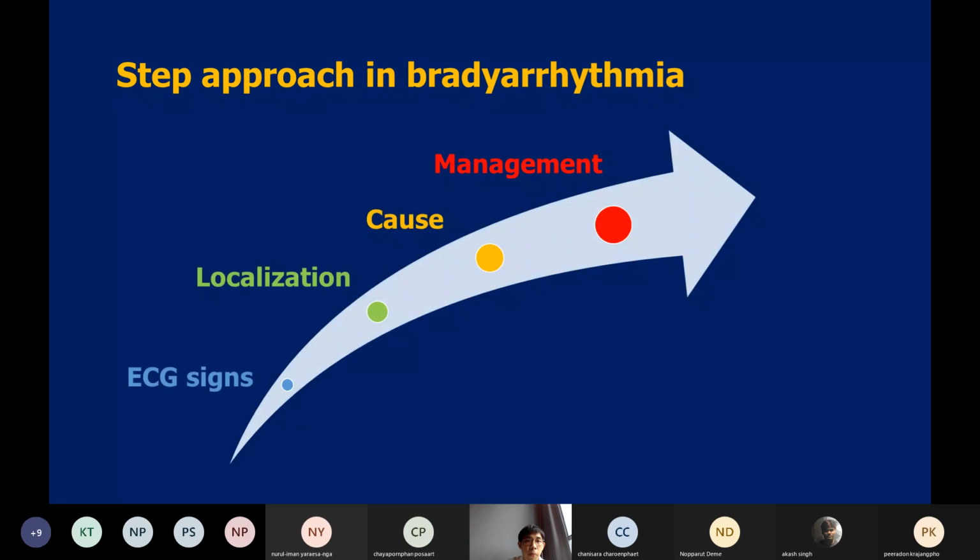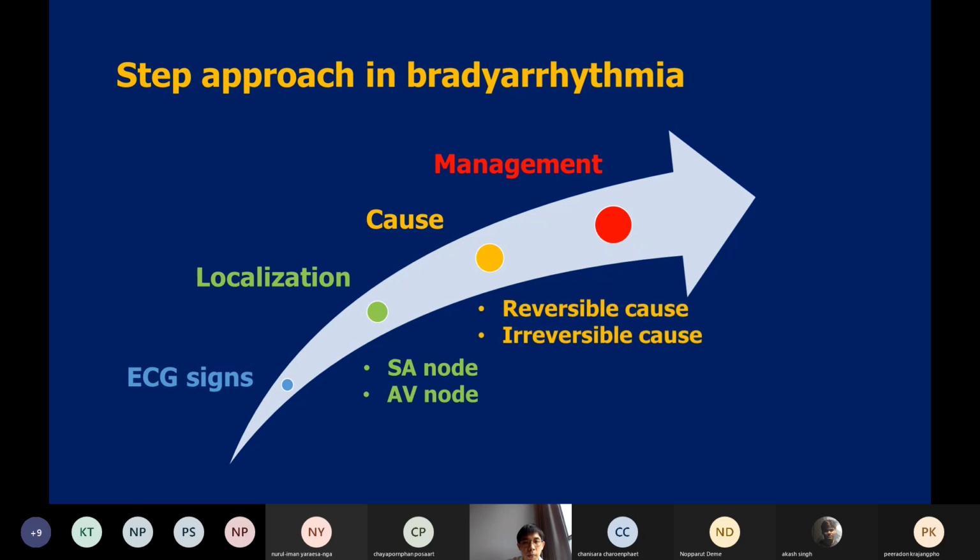This is a step approach in bradycardia, from the ECG side, to localization of the abnormalities in the heart, the cause, whether reversible or irreversible, and the management of the bradycardia.